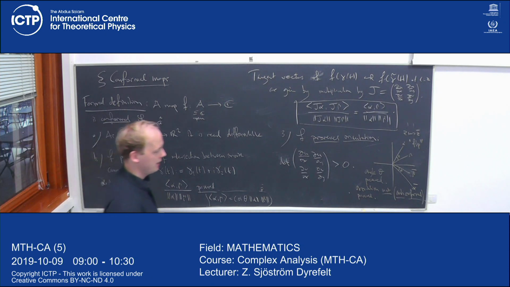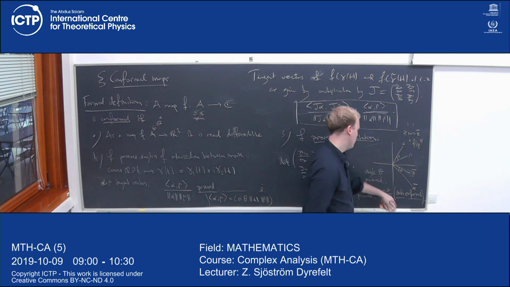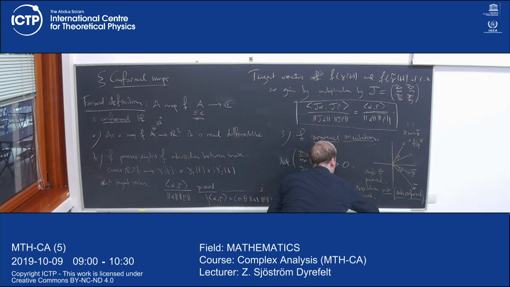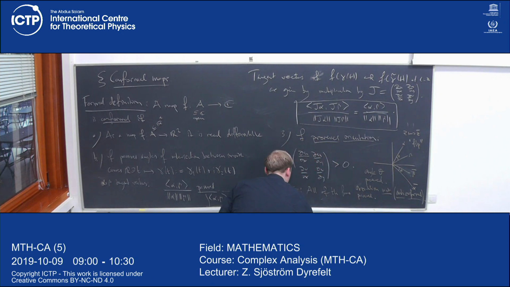And all these anti-conformal maps are of a very simple form. So, exercise: they are all of the form Z goes to F of Z bar for F conformal.